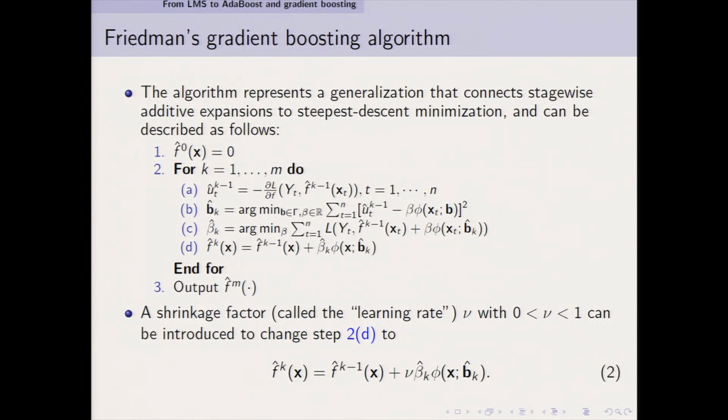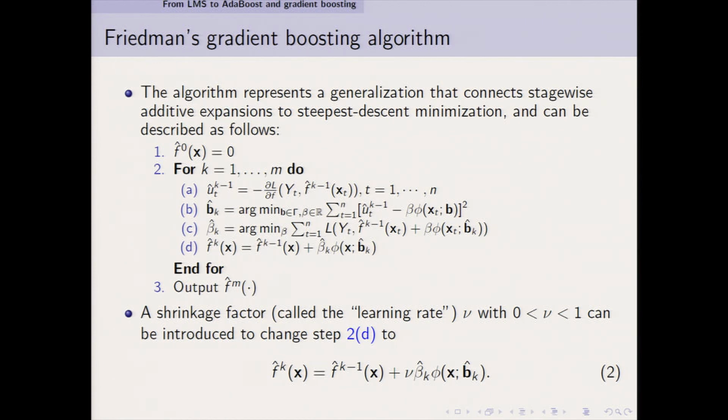Here you choose this beta. Now I'm putting in this function b. The b will be the one chosen in the most aggressive, greedy way.